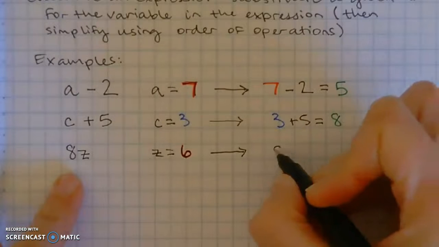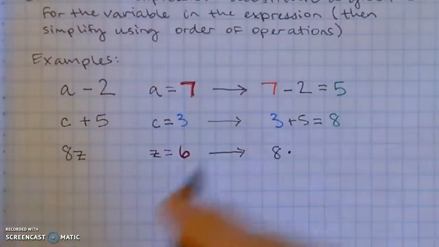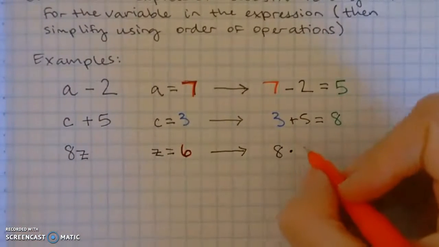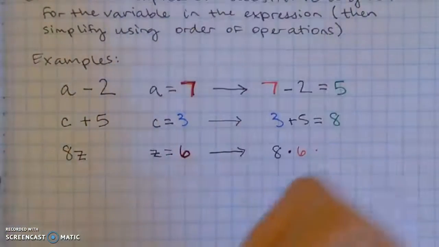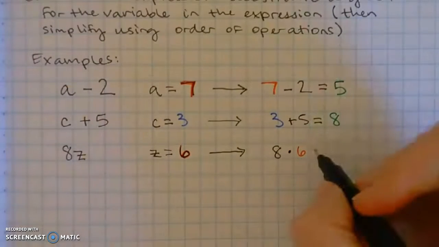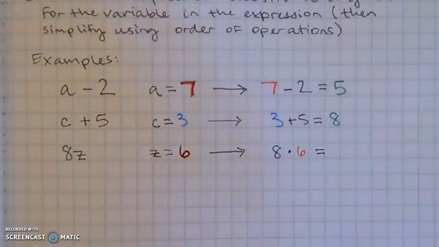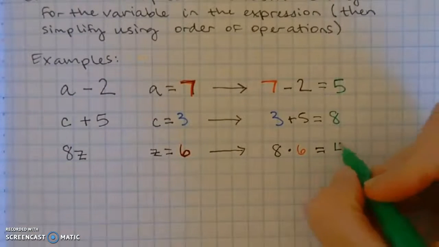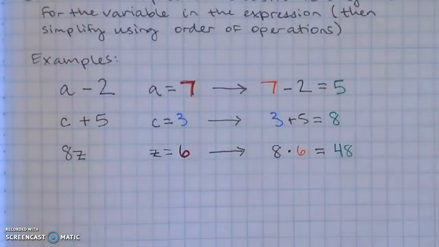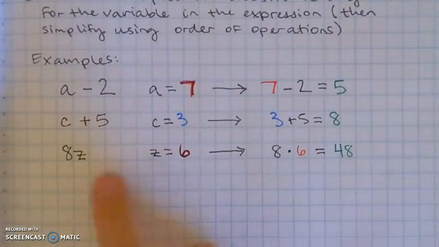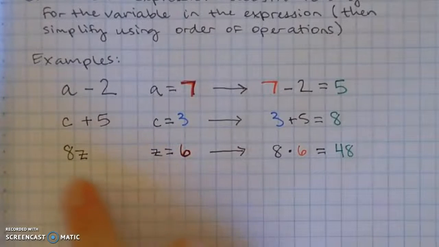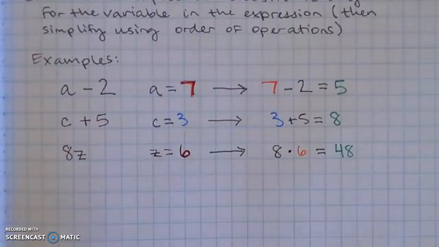So I'm going to do that original. 8 times 6, and 8 times 6, the answer is going to be 48. Okay, so I'm just plugging in those variables. Whatever they say the variable is, I just plug that number into the problem.